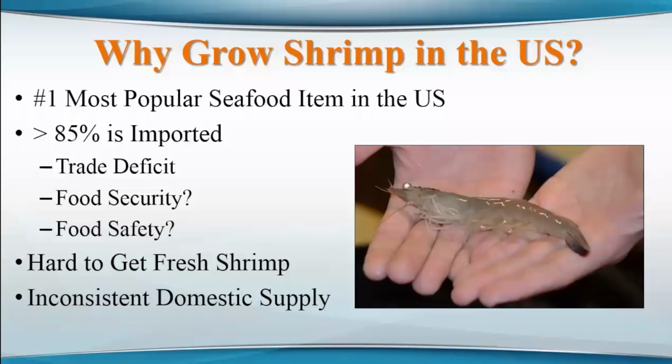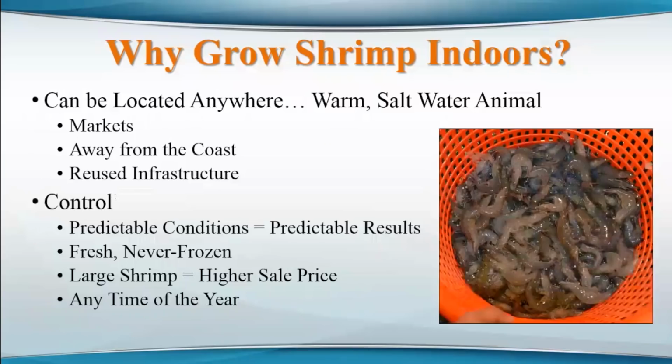It's also hard to get fresh shrimp in the U.S., even in coastal areas sometimes. With shrimp fisheries, it's often hard to get because of the season or the catch might be down that year. And because of that, there's an inconsistent domestic supply of shrimp, especially fresh shrimp. We can get frozen tails from the supermarket imported pretty regularly, but fresh shrimp is especially hard to get.